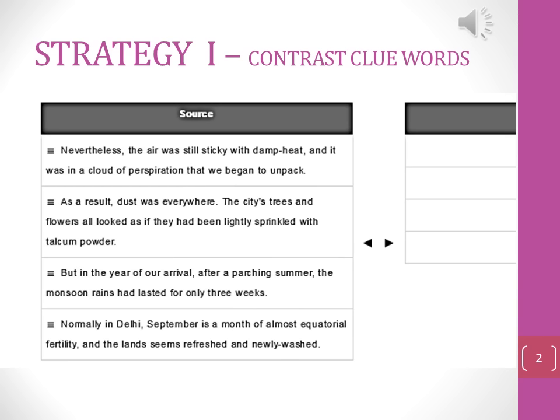The land seems fresh and newly washed. That means that there is a lot of rain that is happening, but in this particular year, as compared to the normal state in September when we went, it was not that much. The monsoon rains only lasted for 3 weeks. So therefore 4 and 3 becomes one pair, and I put it aside.